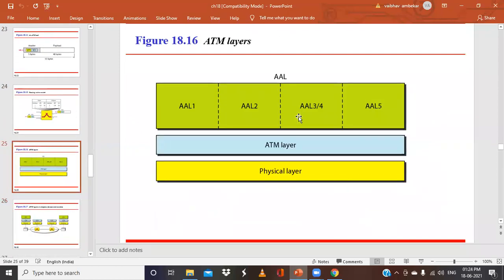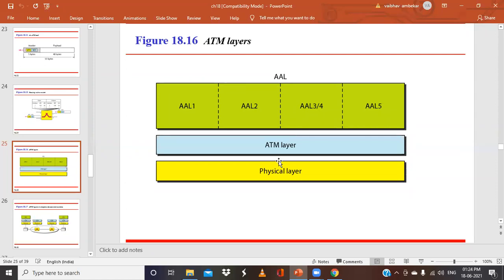Then the last part that we will be discussing is about the ATM layers. The ATM adaptation layer has 4 versions, that is AAL1, AAL2, AAL3 or 4, and AAL5. So these are the different layers that we have.